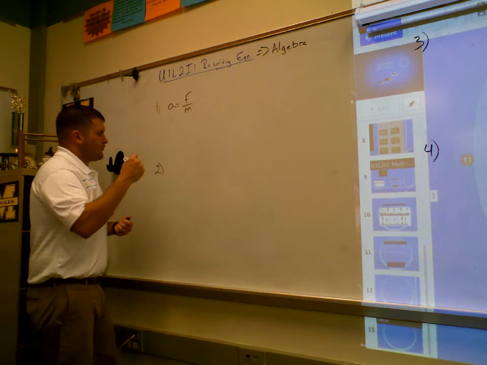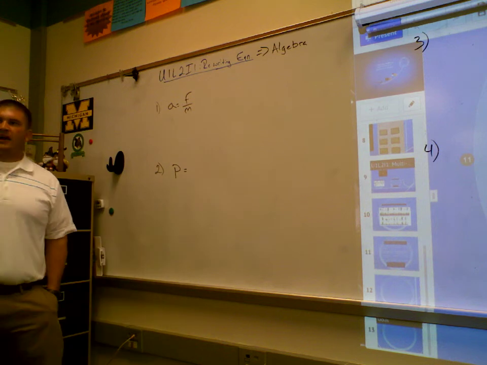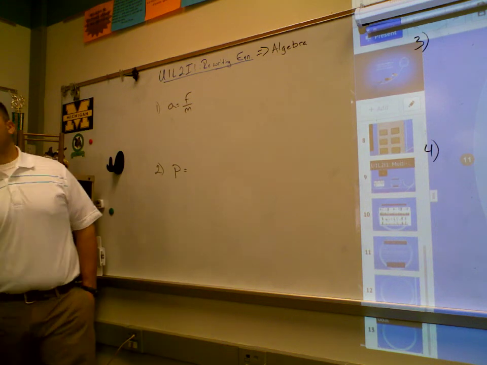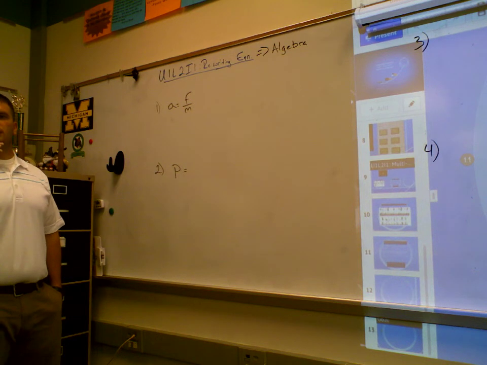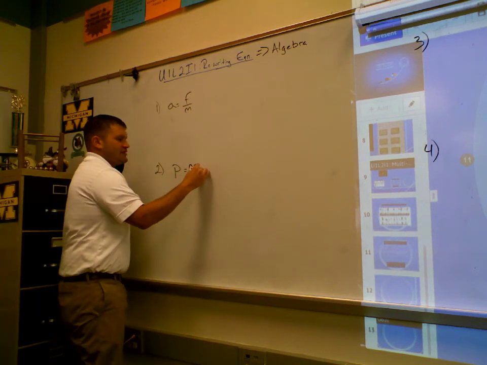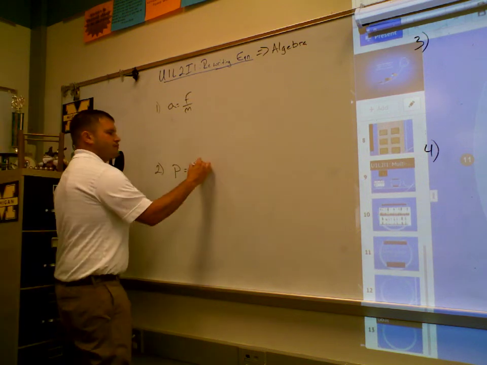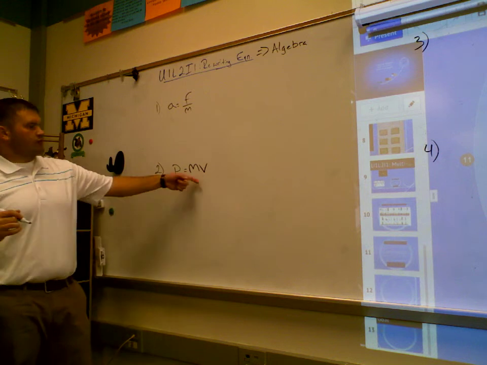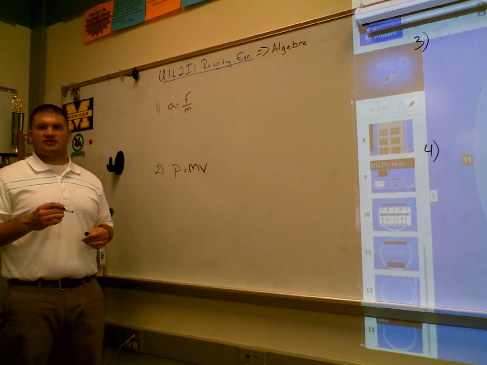So for momentum, we're going to use P. Directly related to mass. What does that mean? Where does the M go? Does it go on top of a fraction or on bottom of a fraction? What do you think, Jamila? On top. So mass goes on top, right? Where's velocity go? Next to it. Because P is directly related to both M and V. Right. Does that make sense?